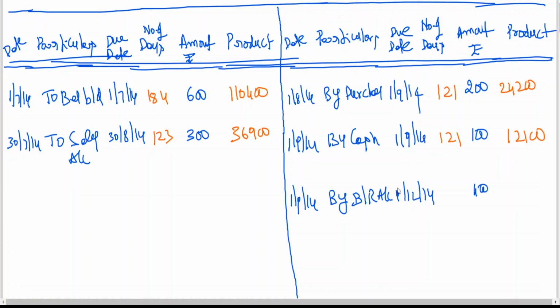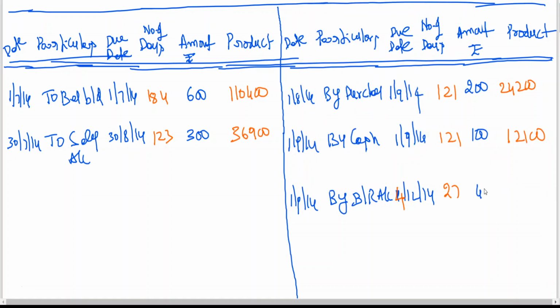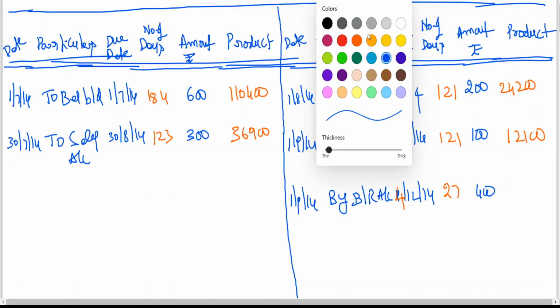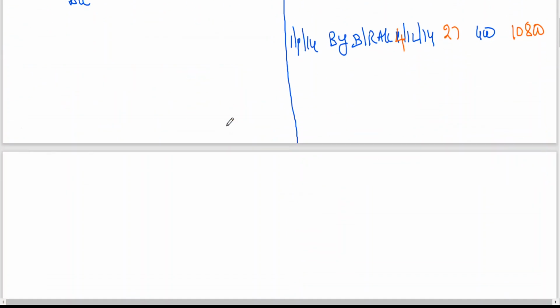And now this is 4th December. 4th December means 31 minus 4, 27 days. 27 into the amount of 400 gives you 10,800. Clear to all of you? Now you can go for balancing of it.